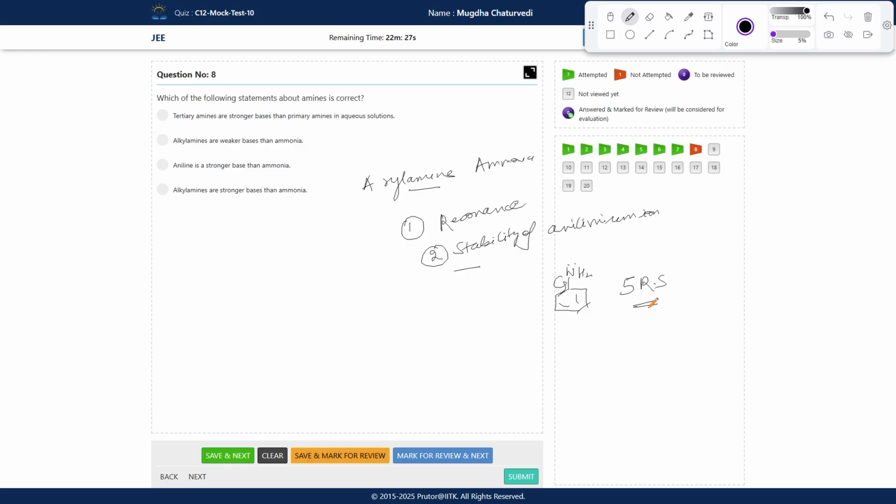Next, the stability of the anilinium ion. If this is aniline, C6H5NH2, when it accepts a proton, that is H plus, it gives the anilinium ion, C6H5NH3 plus. If you look at the resonating structures of the anilinium ion, NH3 plus, it has only 2 resonating structures, one is this and another one is this, whereas aniline has 5 resonating structures.